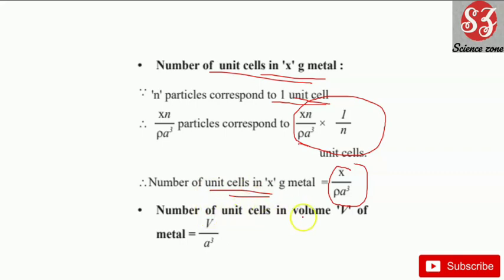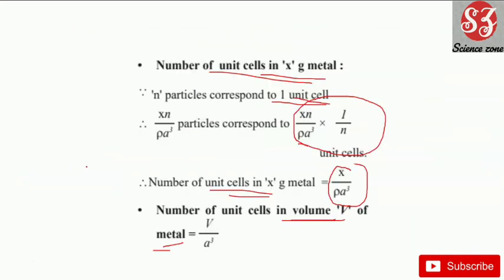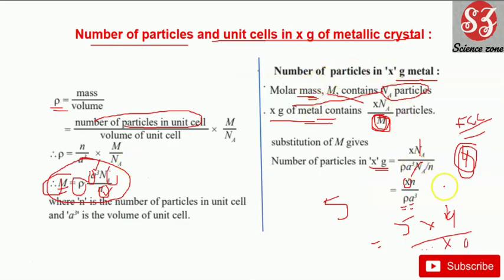For the number of unit cells in the volume of metal, if I provide you volume instead of the grams, so instead of mass by density, if I provide you volume and ask you, then it will be V upon A cube. So what formulas you have to remember is that first, the formula which we have derived in earlier class, the formula for the molar mass. Then you have to remember the formula for the number of particles in x gram, that is x into n divided by density into A cube.